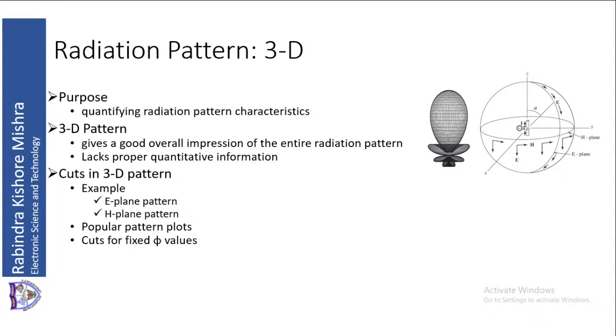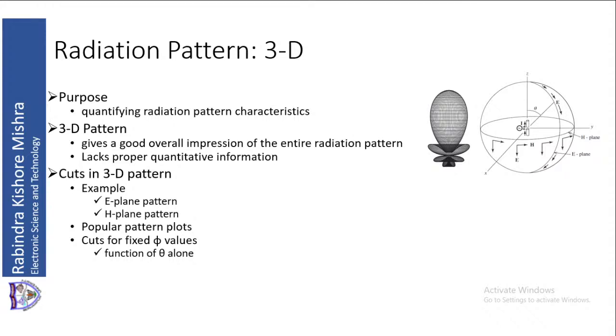Now in these plots, we take a cut for a fixed phi value, because phi is in the xy plane. Take a plot which passes through the z axis for a fixed phi value.